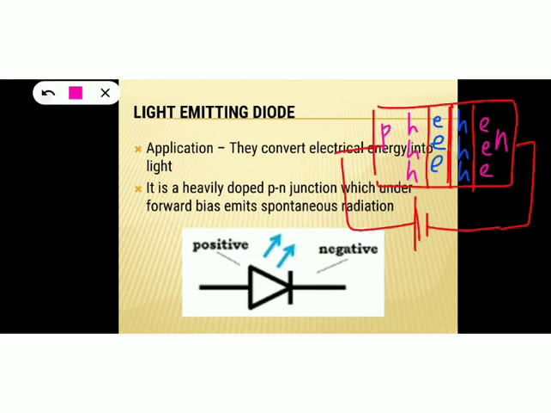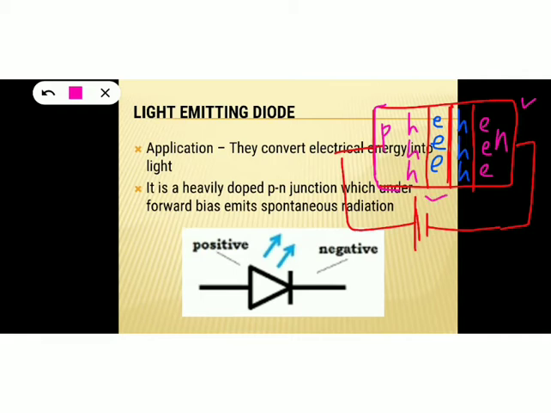On the screen you can see a diagram which I have drawn. It is a p-n junction diode, and here you can see the p-type semiconductor. Holes are the majority carriers, which are represented by the purple ink, and here you can see the n-type semiconductor, and electrons are the majority carriers in the n-type semiconductor.